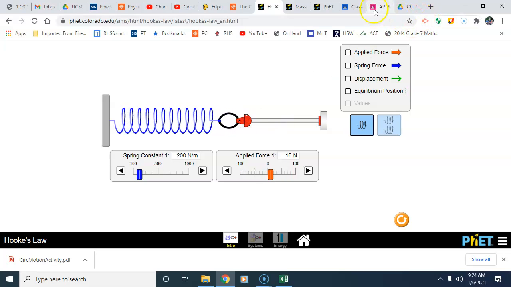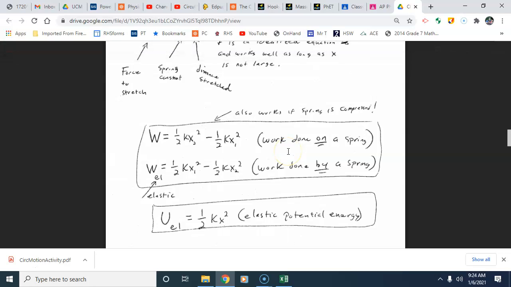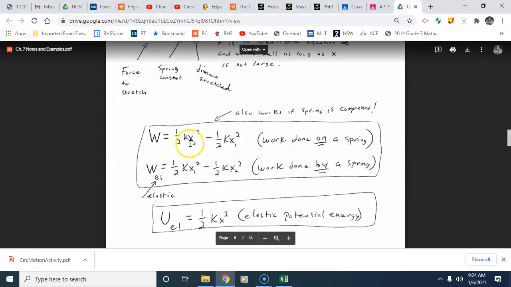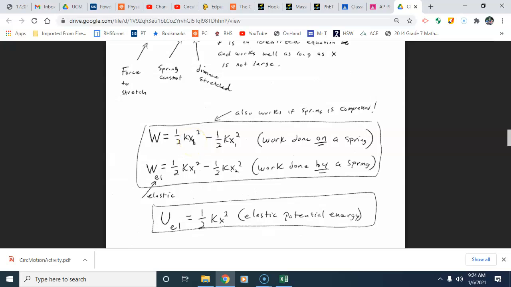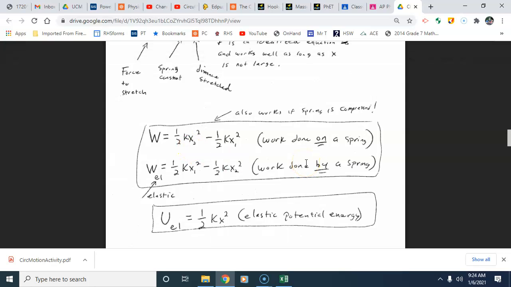So this version of the formula is the work done on a spring by what's pulling on it, and I'm pulling on the rod. It's just 1/2 k, the spring constant, times x2, the distance stretched or compressed, squared, minus 1/2 k x1 squared. And x2 and x1 are just a later position minus an earlier position, like final minus initial. So in that order, that finds the work done on a spring.